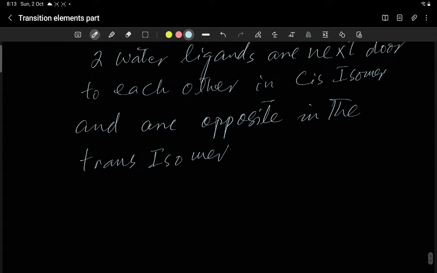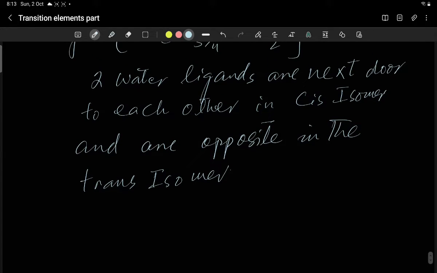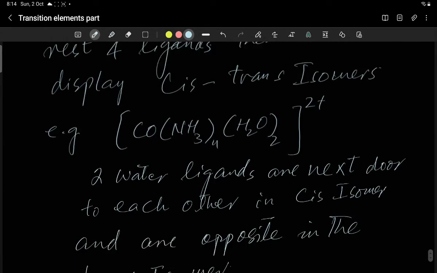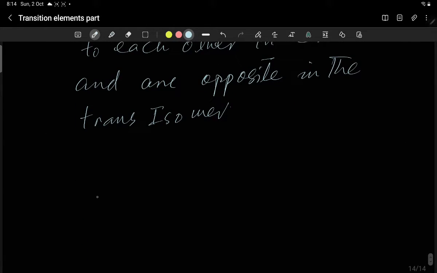On the other side, if the two water molecules form a 90-degree angle, then it is cis, and if they form 180-degree, then it is trans. So look at the diagram.